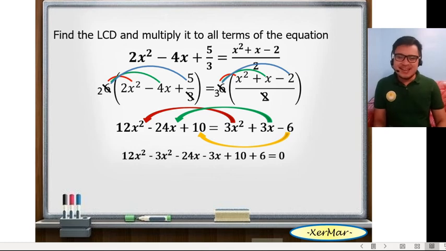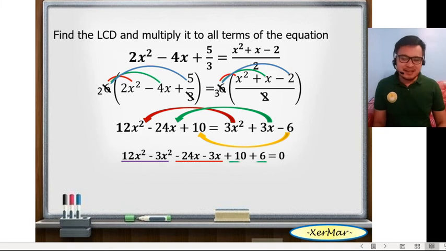Alright. At ngayon, kailangan nating i-combine ang similar terms. So, ano-ano yung similar terms natin? So, meron tayong 12x squared and negative 3x squared. Ano pa? Meron din tayong negative 24x and negative 3x.